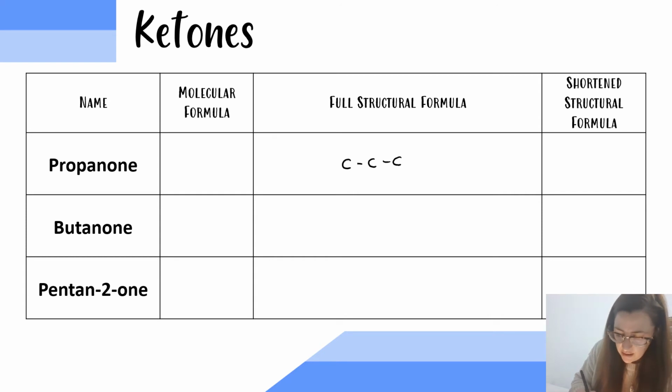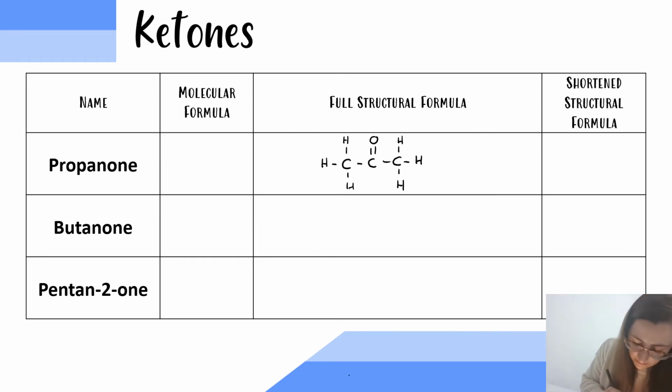Now we don't have the double bond O at the end of the chain, it's in the middle. And we can fill in the rest of the hydrogens so all of our carbons have 4 bonds. C3H6O.